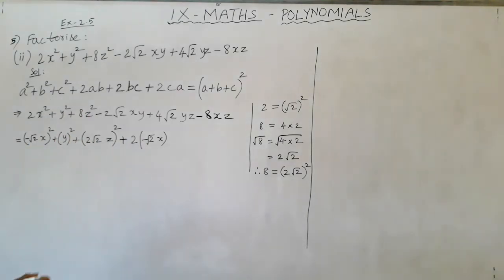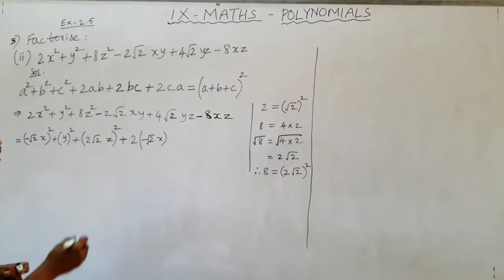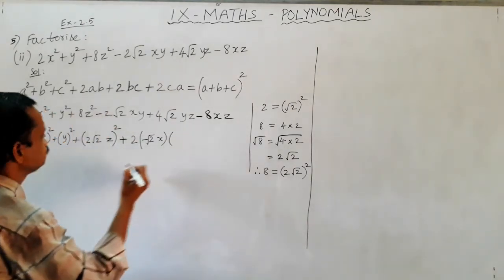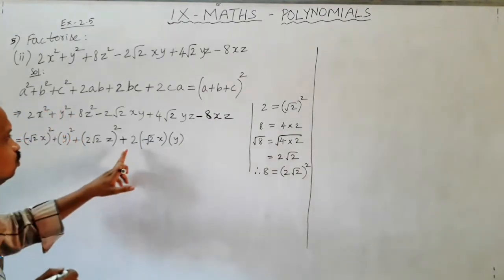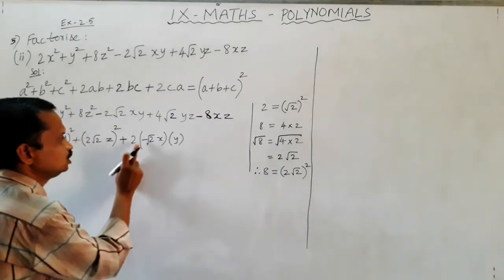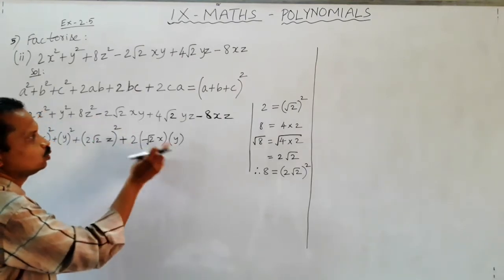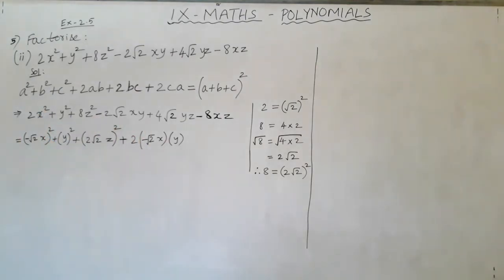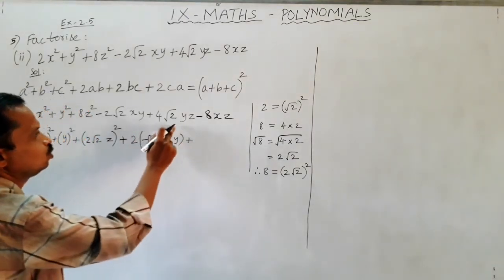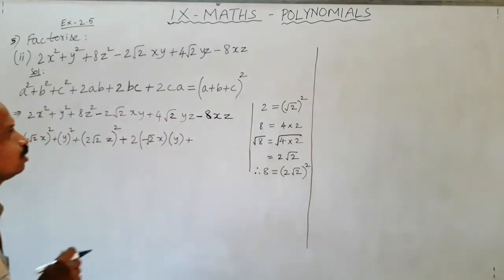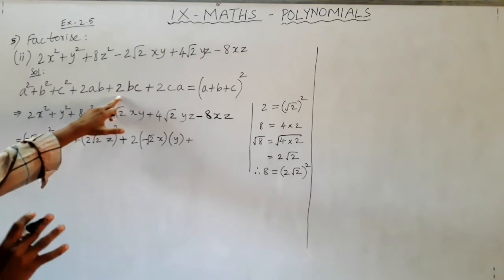Minus root 2x, and then now you focus on here, automatically you will get this. Okay, and then b, what is b? B is y, that's all. Now you see here, you just apply plus into minus, minus 2 into root 2 x into y, xy. It's coming correctly. And then coming here plus 4 root 2 yz is there. Okay, now you just try in the form 2bc.